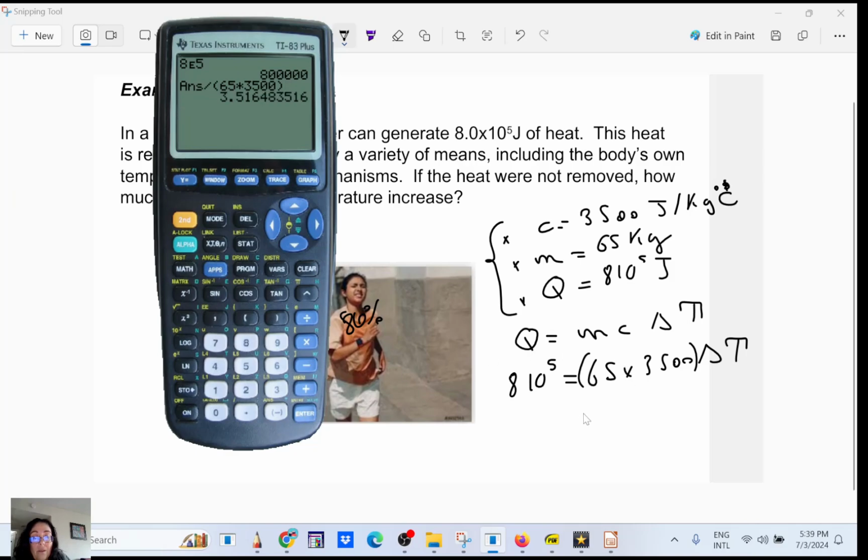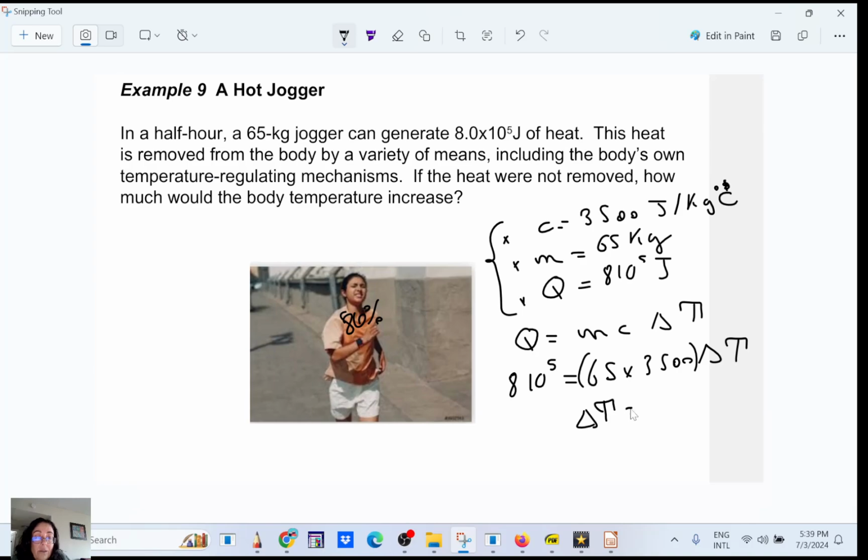The increase in temperature is 3.5 degrees Celsius.